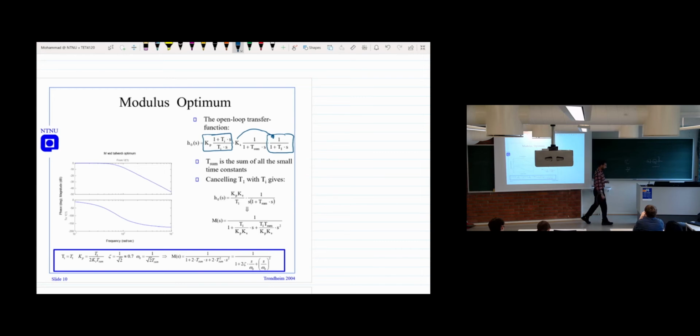So what is T-sum? If it's a converter, then we need the PWM to turn the semiconductor devices, the switches, on and off. We generate the PWM by comparing with a triangular carrier wave. This carrier wave has a frequency and a period.